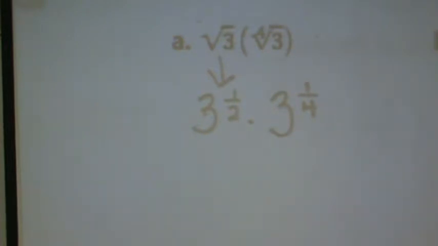How do you add two fractions? You need a common denominator. So you leave the 3 the same, and you add 1/2 plus 1/4.